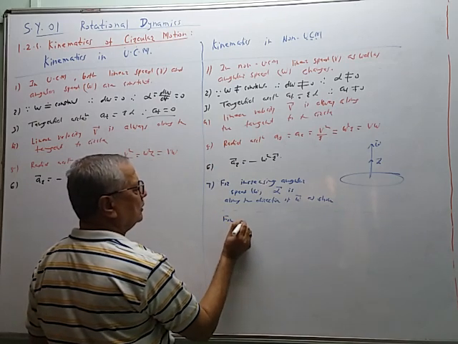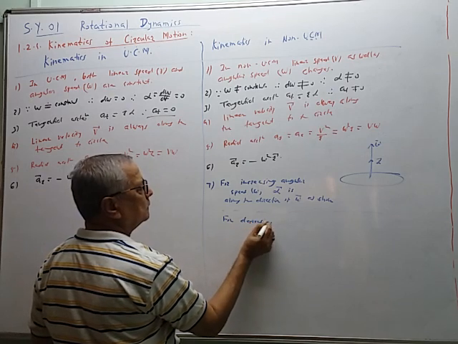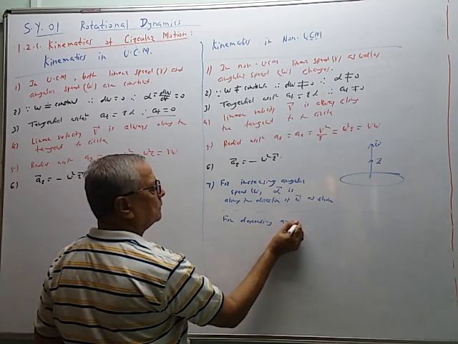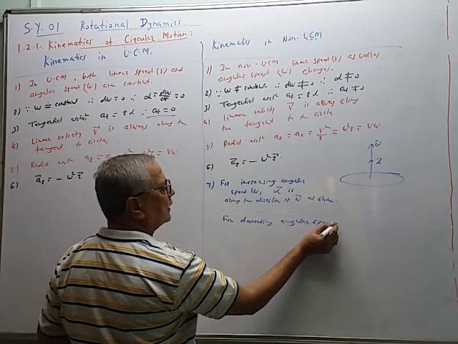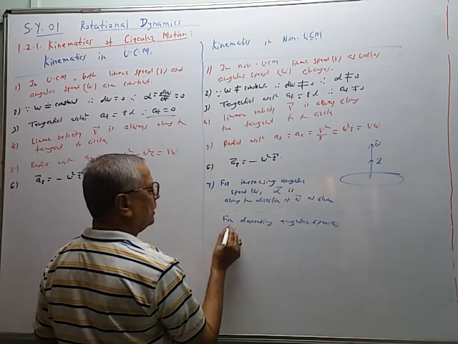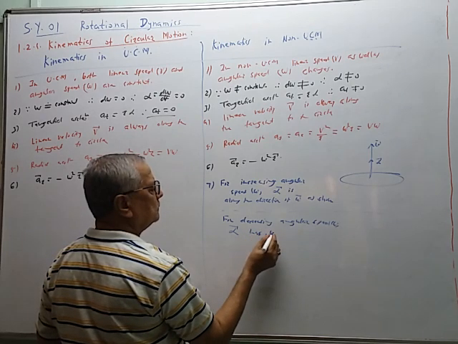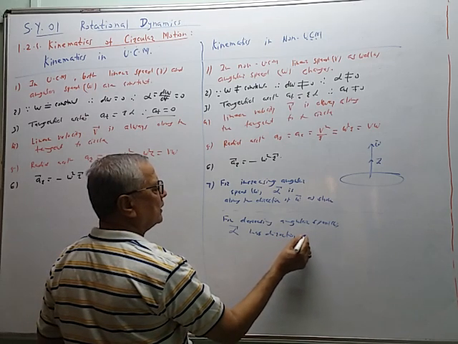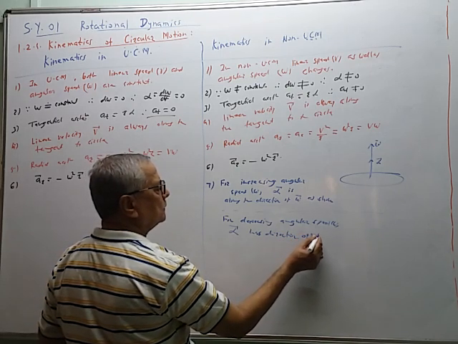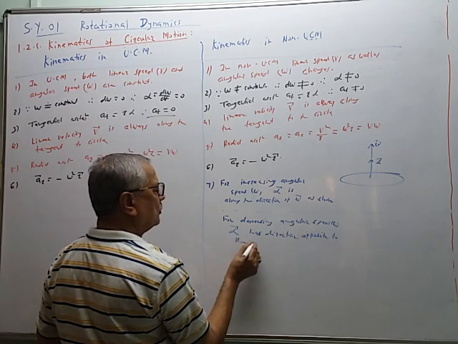For decreasing angular speed omega, alpha has direction opposite to that of omega.